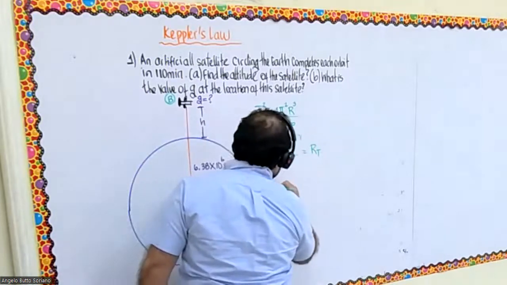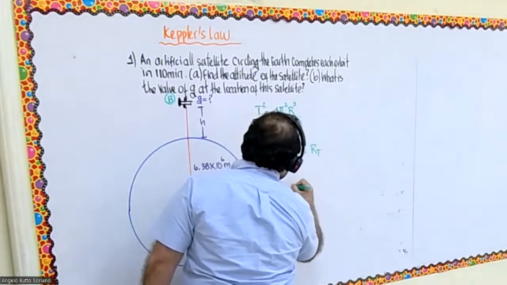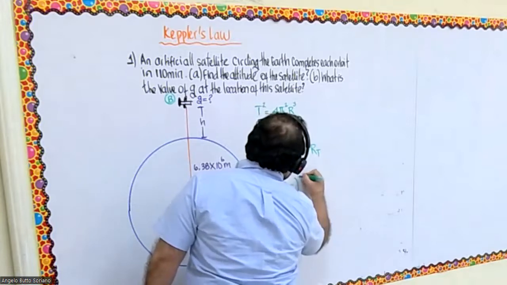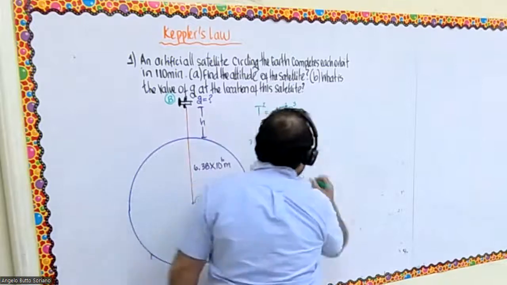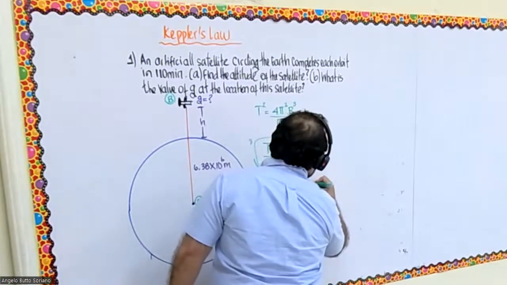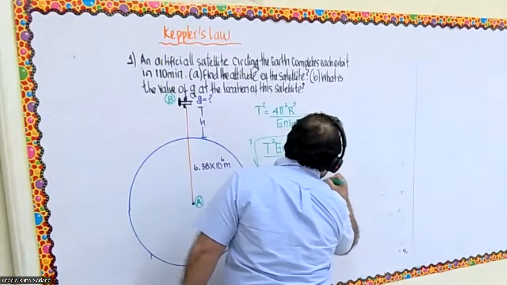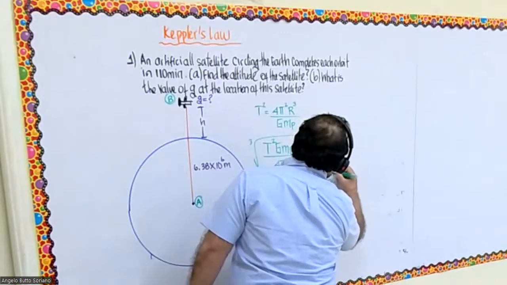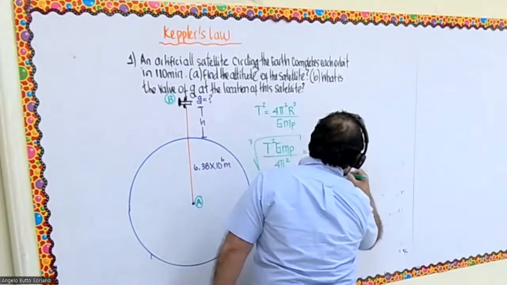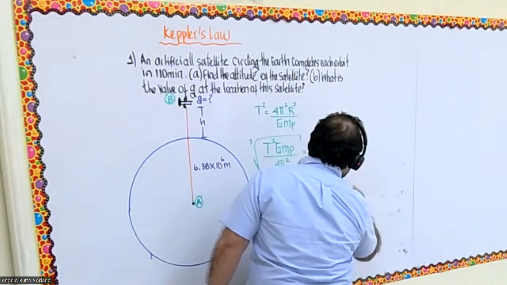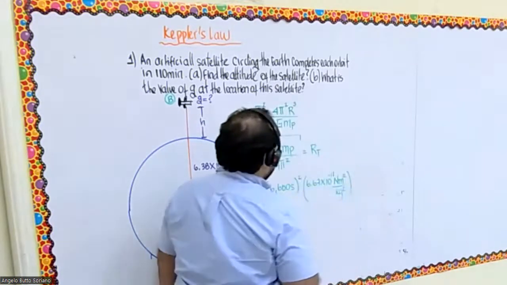So we have 6,600 seconds squared. The gravitational constant, remember, is 6.67 times 10 to the negative 11 newton meter squared over kilogram squared.